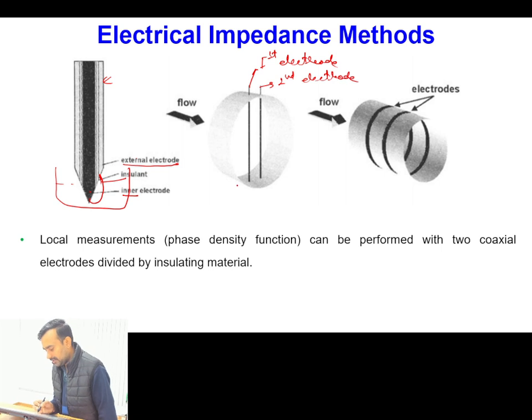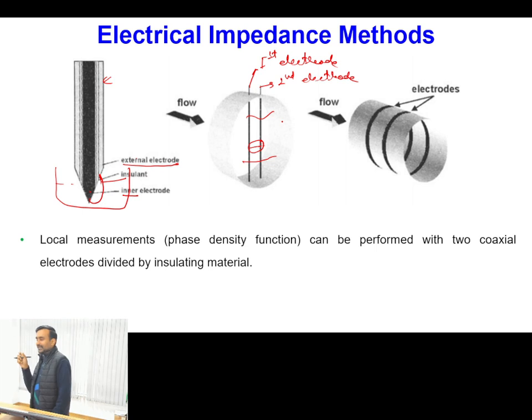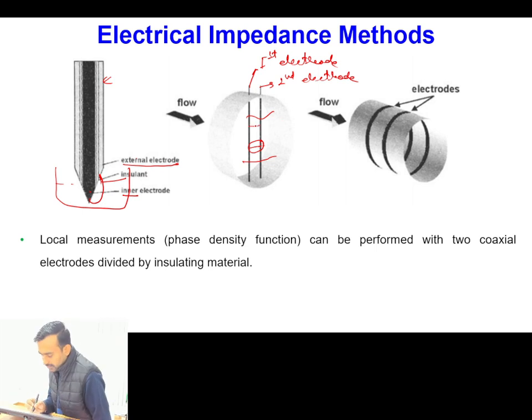Now whenever flow takes place, depending upon which portion has bubble contact and which has liquid contact, the contact resistance in the liquid portion and the gas portion will be different. All of you are clear with this idea.